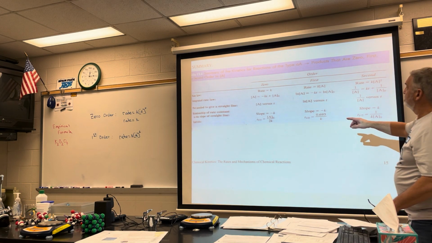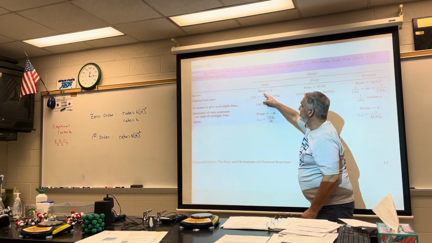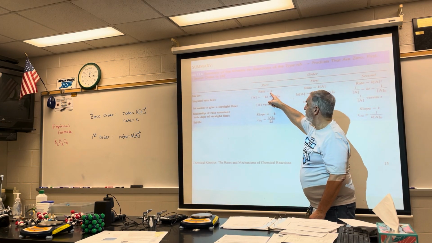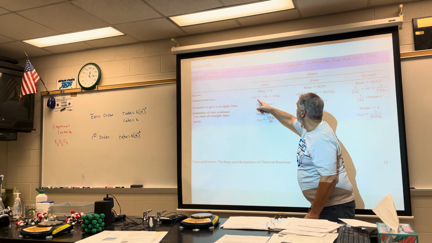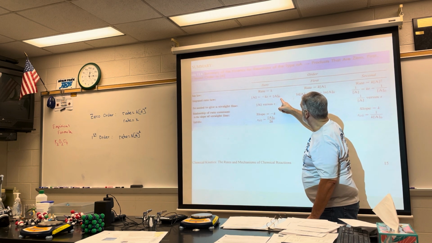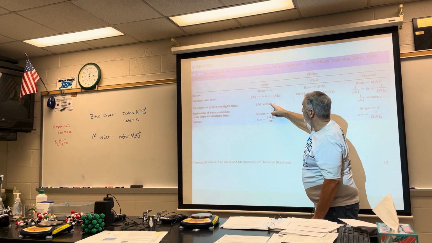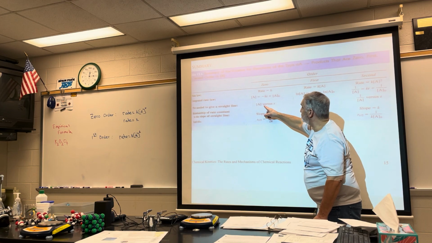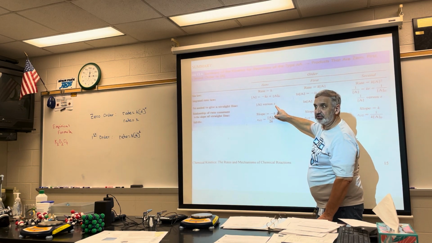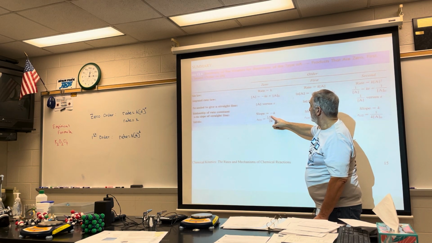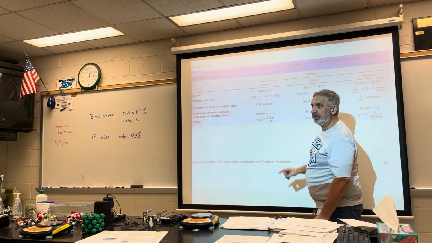So if it's 0 order, the rate's just going to equal k. Concentration is going to be negative kt plus the initial concentration, there's your equation for it. You're just going to graph concentration versus time and it's going to give you the straight line. The slope is going to be negative k.